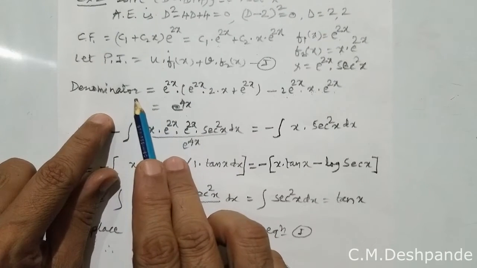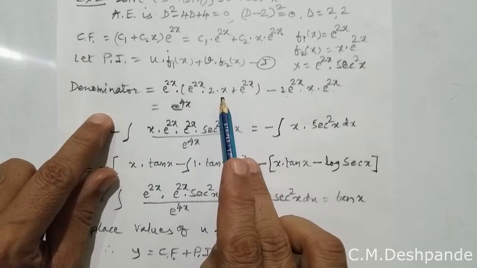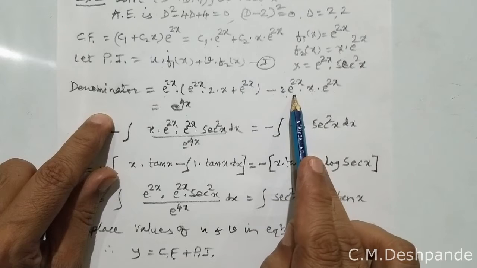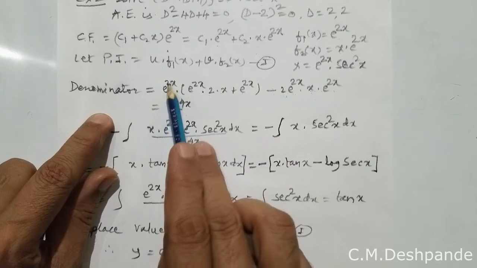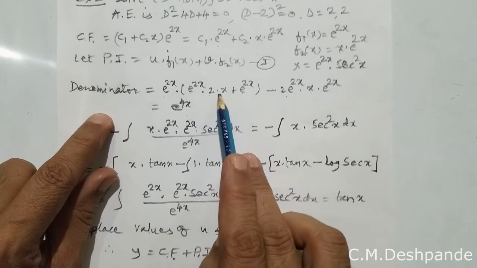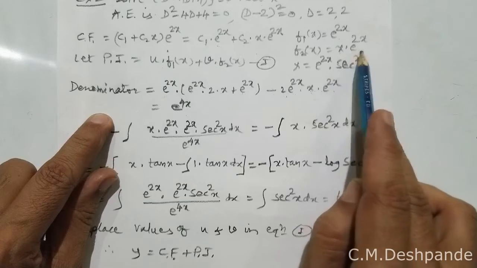First the denominator is calculated: f1 of x into f2 dash of x minus f1 dash of x into f2 of x. Now f1 of x is e raised to 2x, and the derivative of the second function, f2 dash, is obtained by using the multiplication formula.